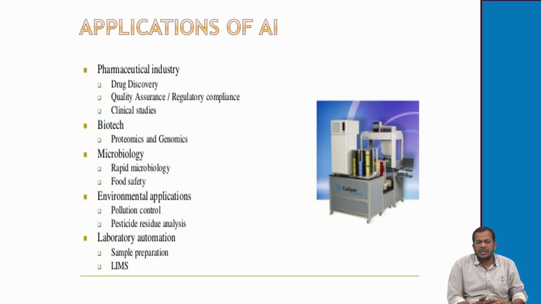And coming to other applications, such as environmental applications like pollution control, pesticide residues, etc. It is also used in chemical analysis, such as for identification of samples, and at the same time it is also used in automation, such as for sample preparation, etc. So these are the applications of analytical instrumentation which are commonly used in most of the industries.